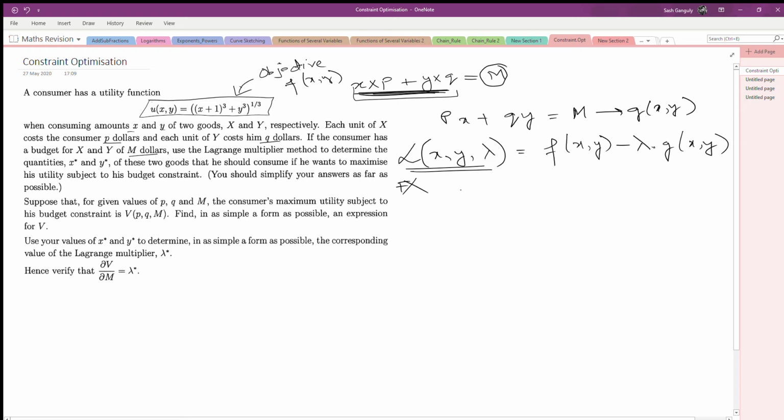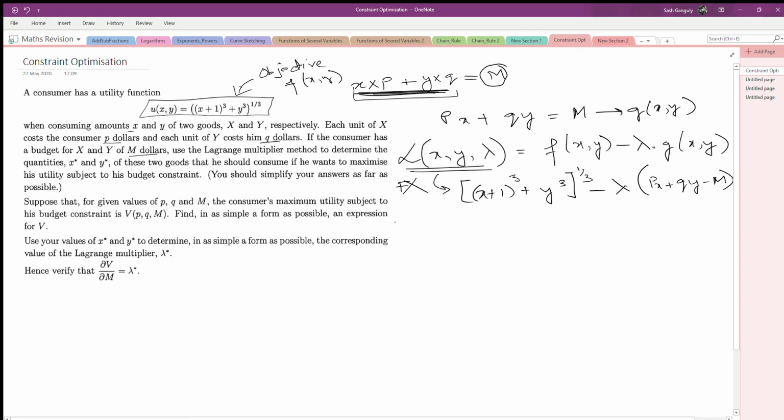Okay, so just substitute f of x y and g of x y. So we have then x plus 1 whole cube plus y cube, and the entire thing to the power 1 by 3. This is my f of x y, minus lambda times the constraint, which is px plus qy minus m, right? This is my Lagrangian.